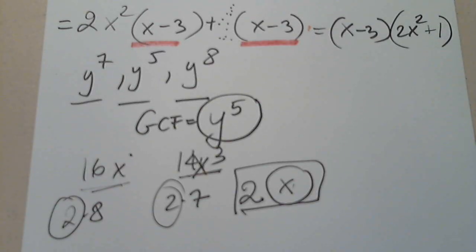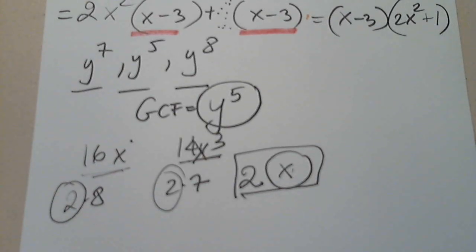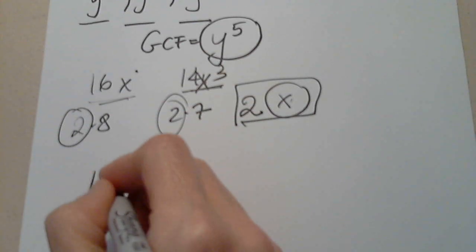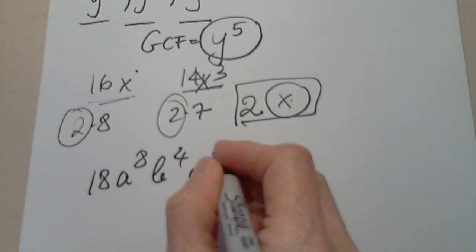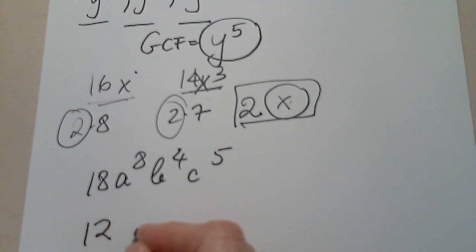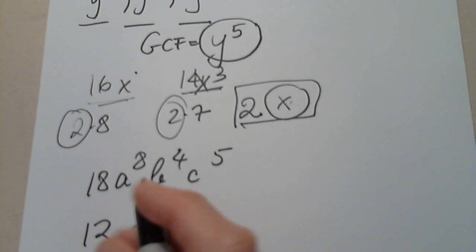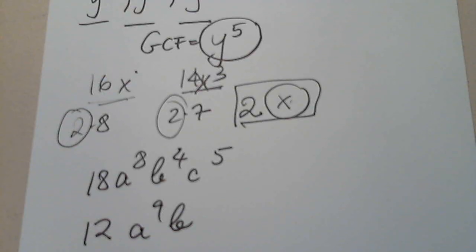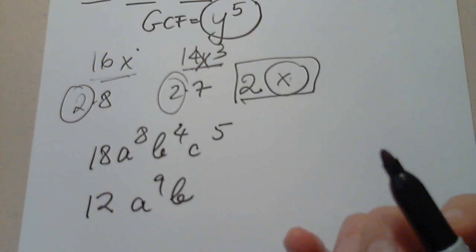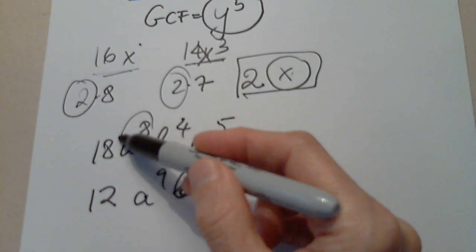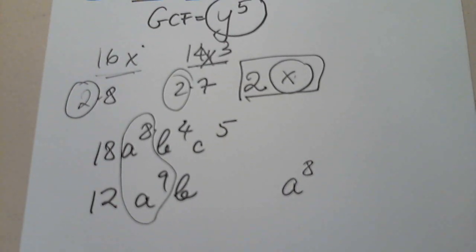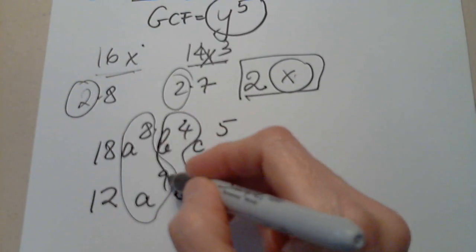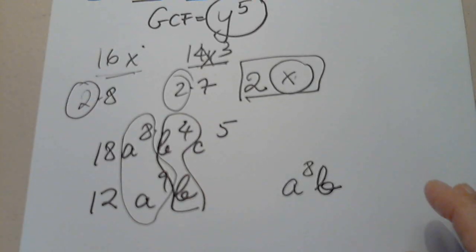Find the greatest common factor for this list. So here we have 18, a to the 8th, b to the 4th, c to the 5th, and 12, a to the 9th, and b. The variables are always the easiest. Why? Because power 8 and power 9, of course, it's a to the 8th, the smallest. Power 1 and power 4, of course, is b.